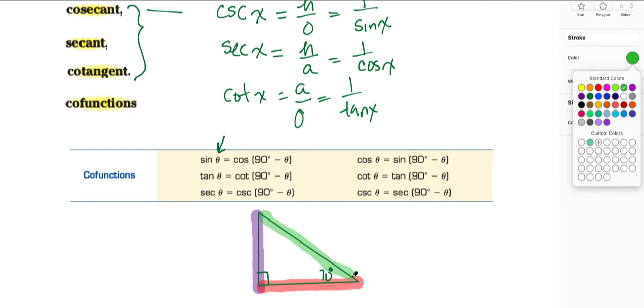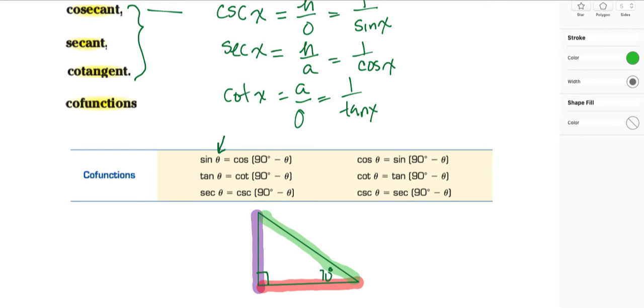So if I want to talk about the ratio of these sides, watch this, the sine of 70 degrees will be purple over green, whatever that measurement is.